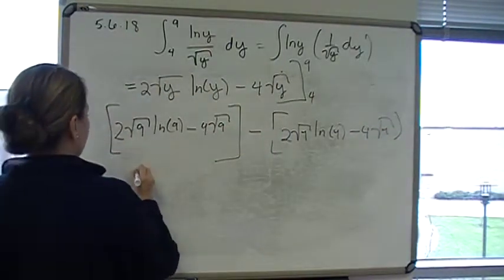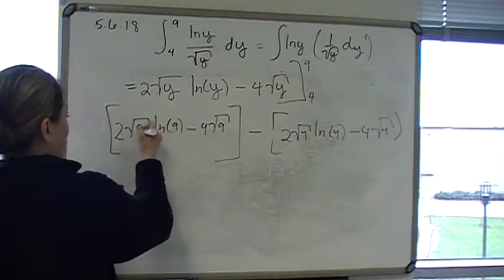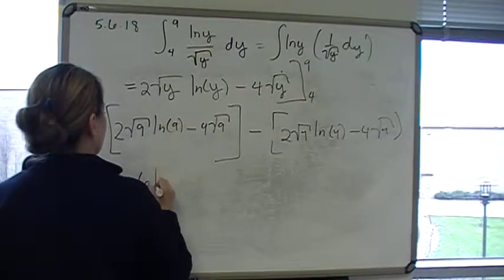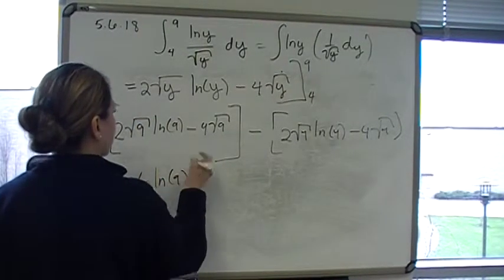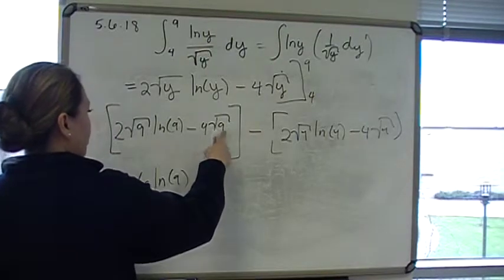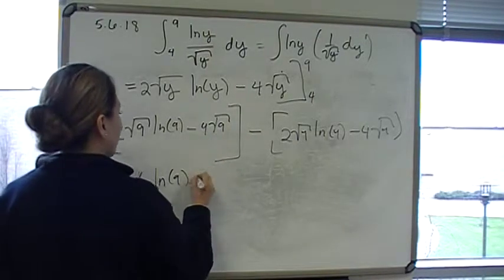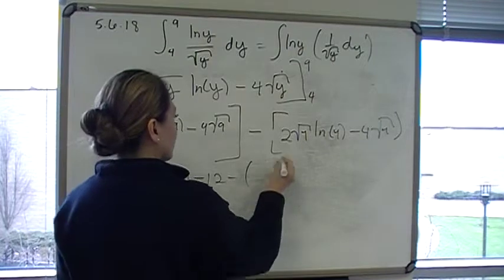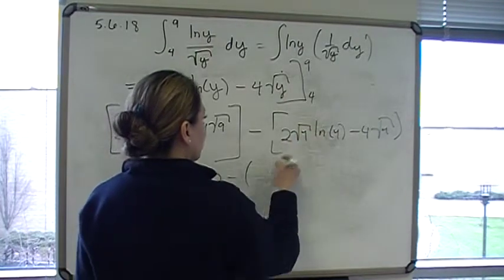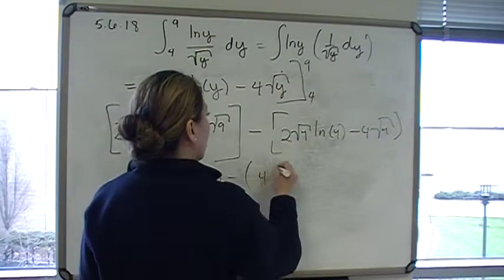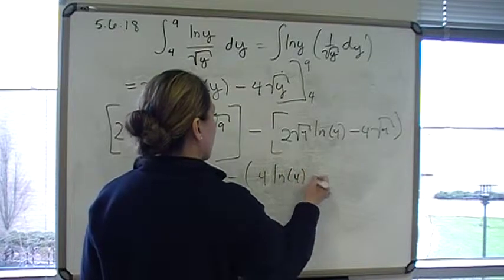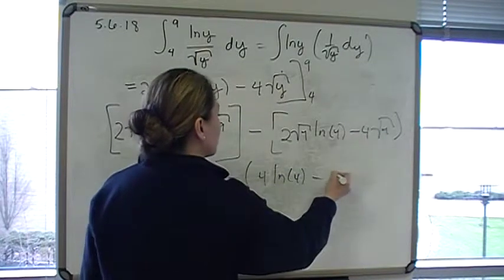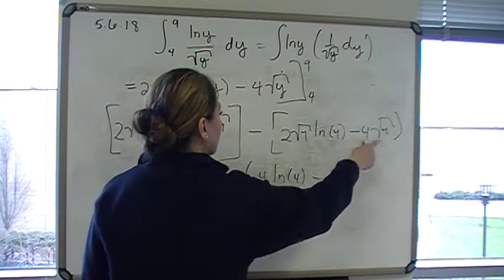Root 9 is 3, so that gives us 6 natural log of 9, and 4 times 3 is minus 12. Minus 2 times 2 is 4, so this gives us 4 natural log of 4, minus 4 times 2, which is 8.